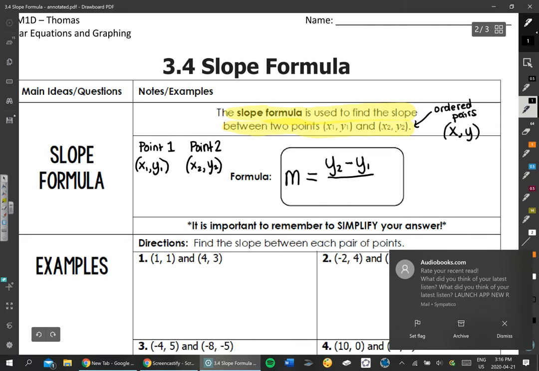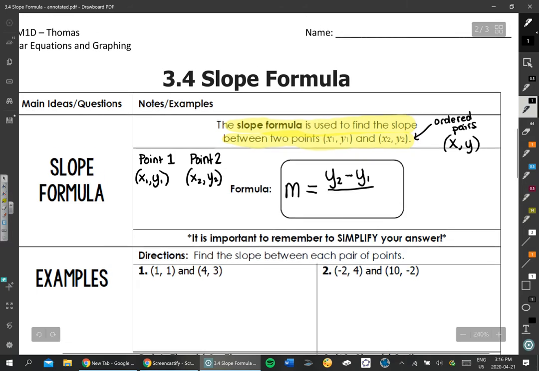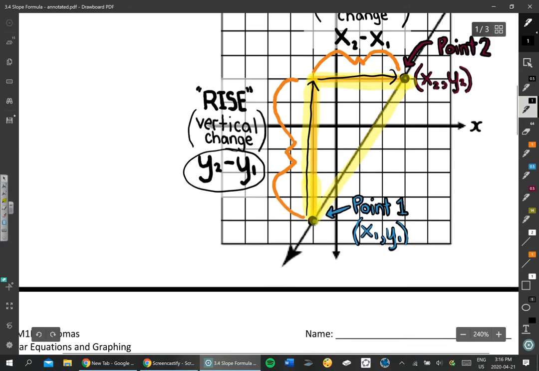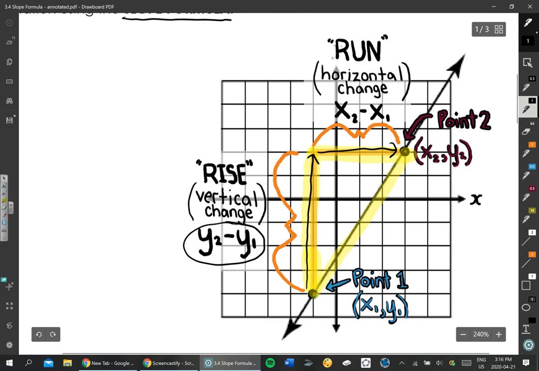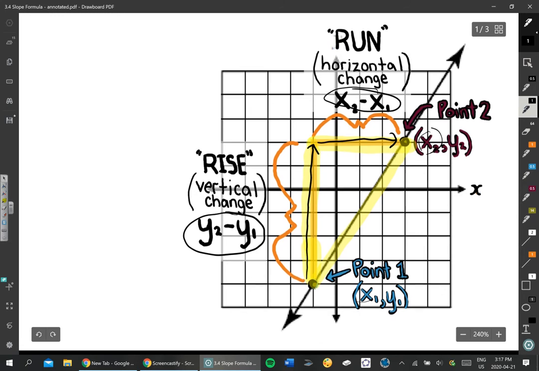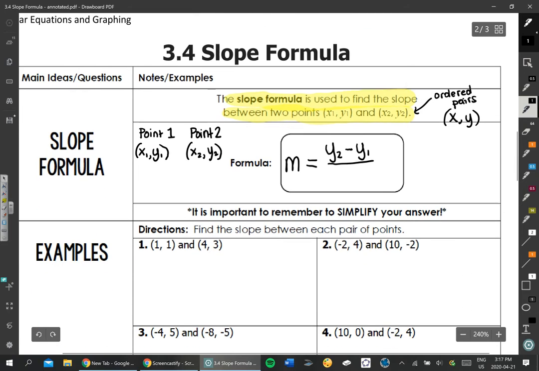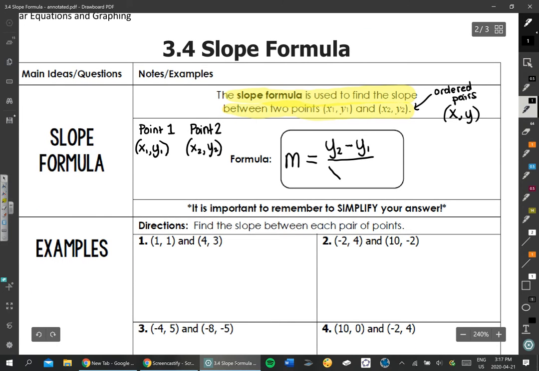Okay? And for run, right, run is just the difference between our x values, right? So our x coordinate here and our x coordinate here, we just subtract them to find the difference. Okay, so that means our run can be represented by x2 minus x1. Okay, so you'll get the hang of it once we do a couple examples.